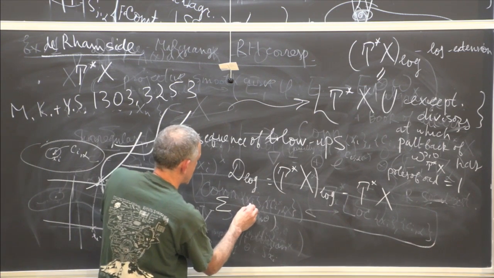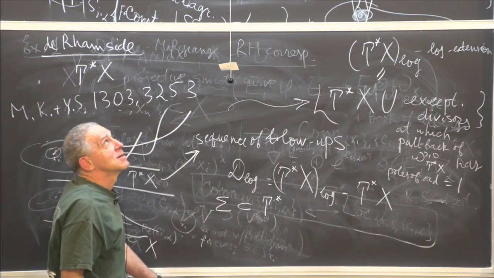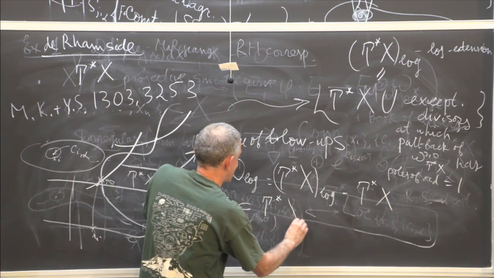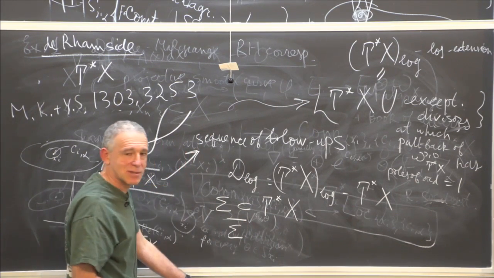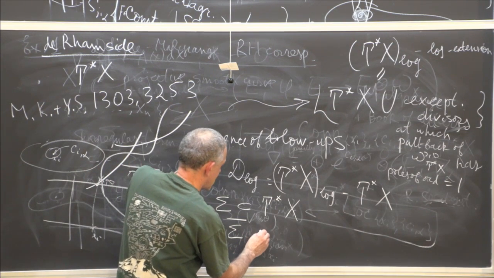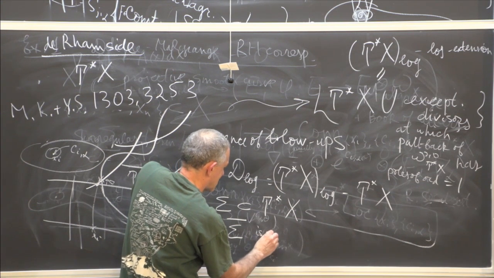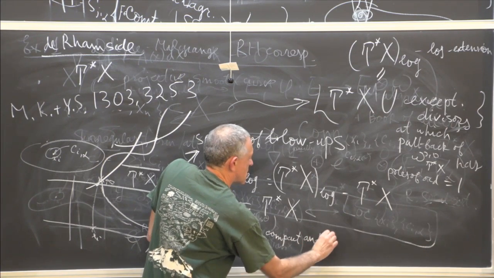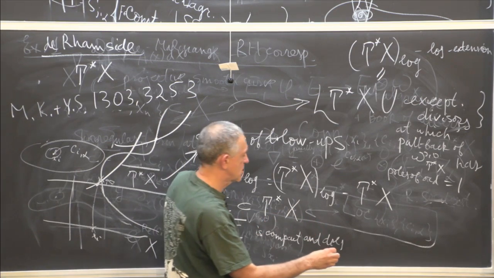Then the spectral curve is an effective divisor in T star of x, such that when we take the closure of its proper transform in this log extension, it is compact and does not contain an entire component of this log divisor.